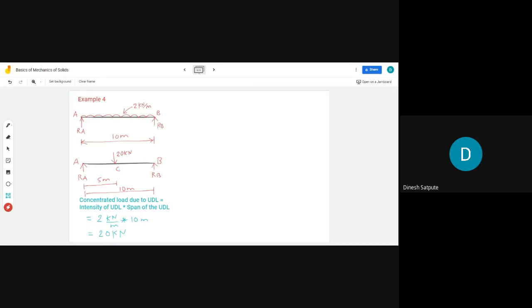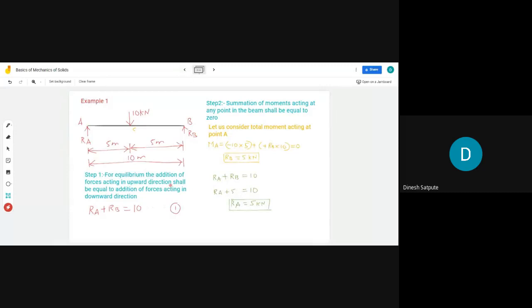Next, we'll see how to find out the reactions, how to do the calculations of finding the reactions. So let us move ahead with the calculation of reactions. If you revise the previous lecture or previous slides, for equilibrium, the summation of forces acting in the upward direction shall be equal to the summation of forces acting in the downward direction.